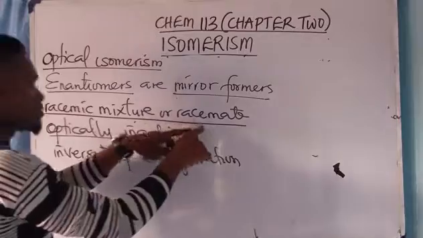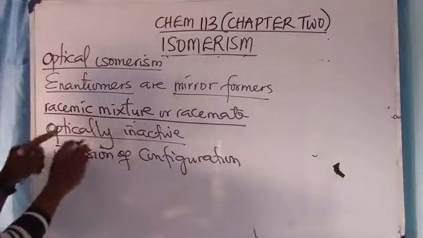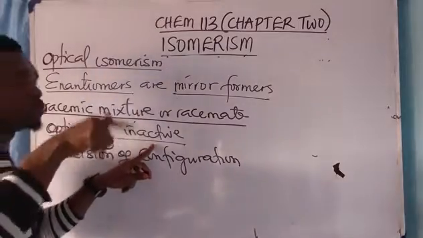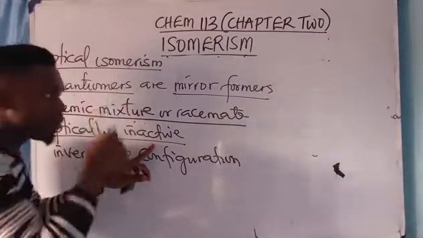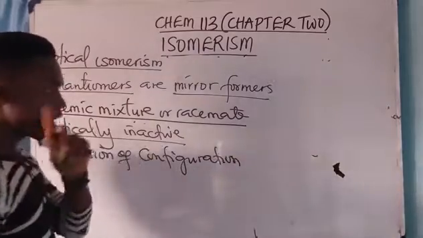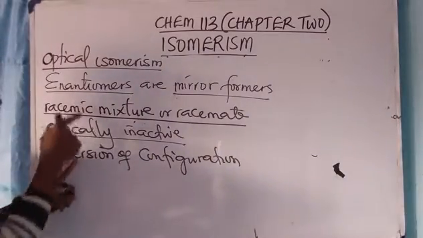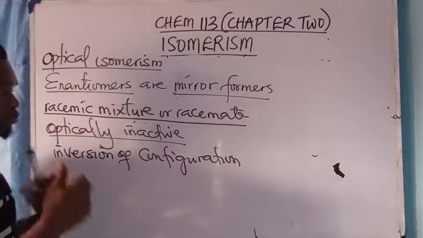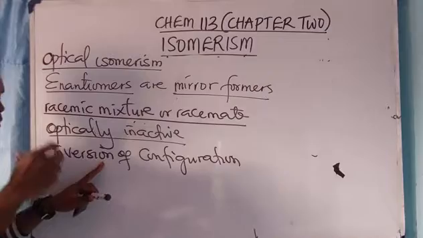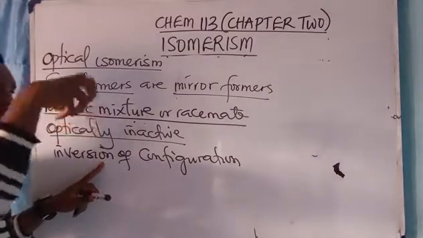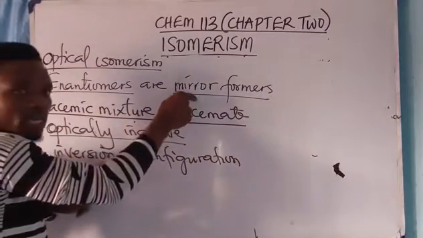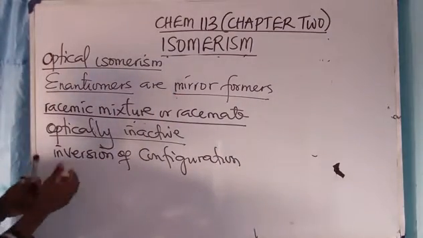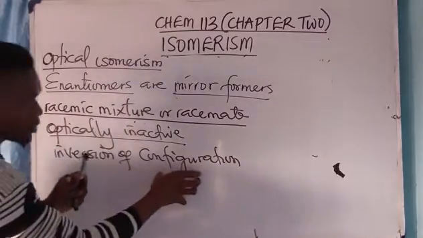Racemic mixtures or racemates are optically inactive because the rotation of one of the enantiomers would be neutralized or cancelled by the other enantiomer. I said, however, when one of them undergoes a certain type of reaction, and it brings about the product that is the same as that of the other enantiomer, such reaction is called inversion of configuration.